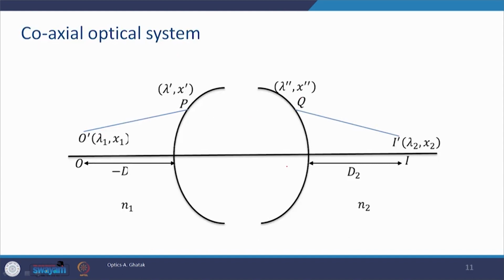We will again take another example, and this example is of a coaxial optical system. Optical system means instead of having a single refracting surface or some translation, we have, suppose, a black box with any number of lenses, and these lenses are of different kinds, few are concave, few are convex.